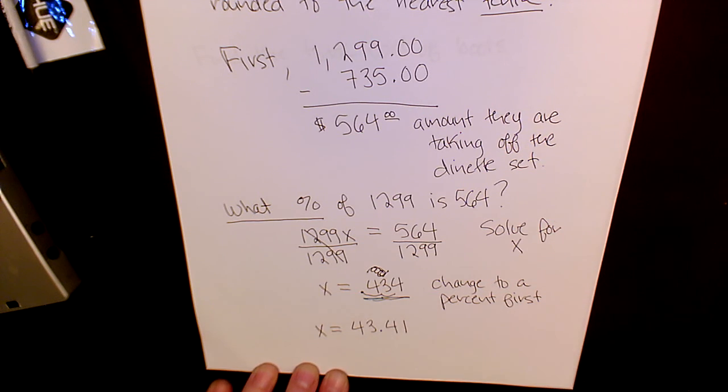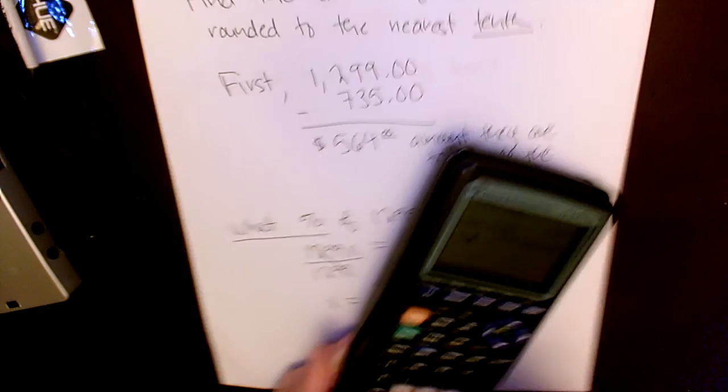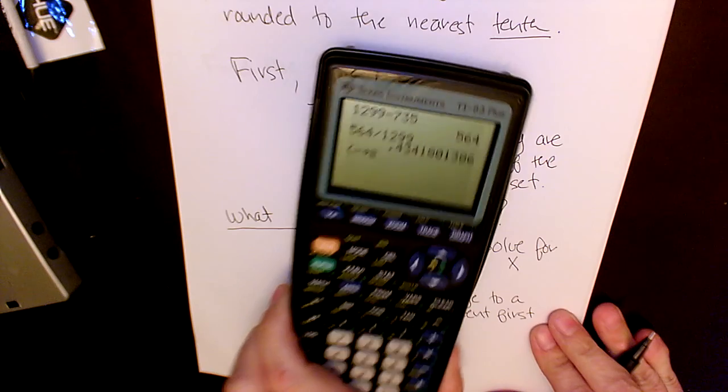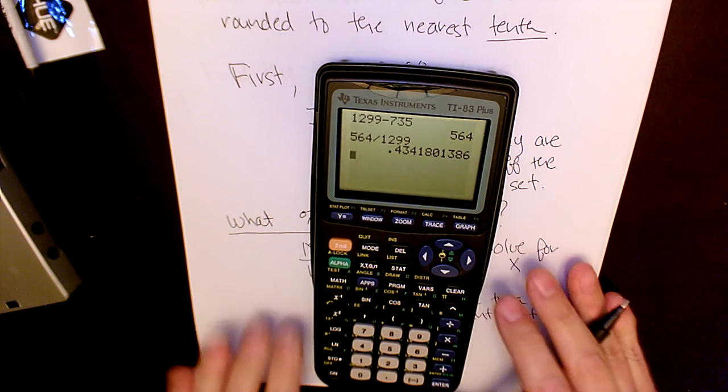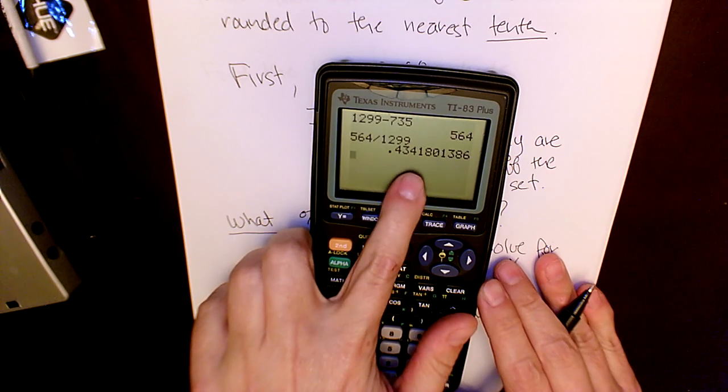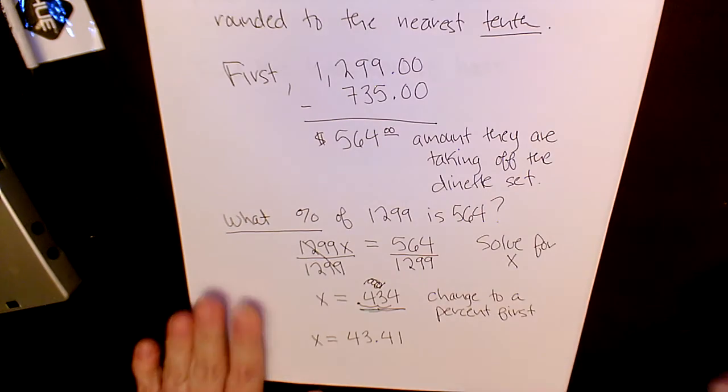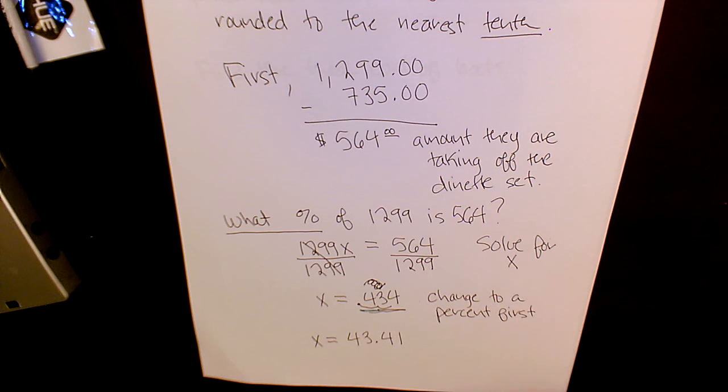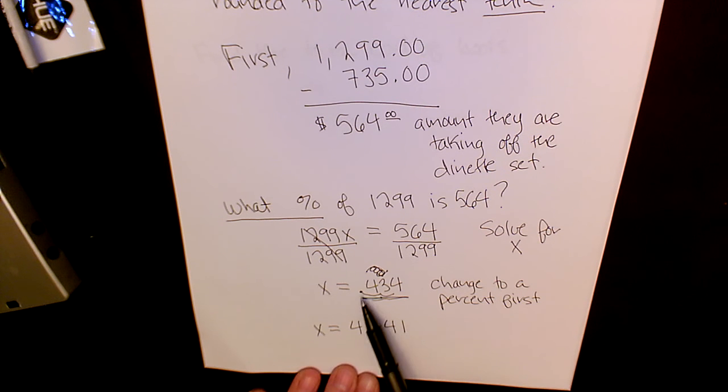And there was a 1 after that 4: 0.4341. So I changed to a percent first, and I moved it over 2 spots to the right.